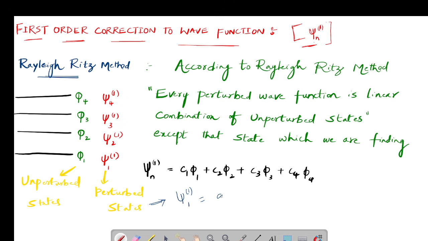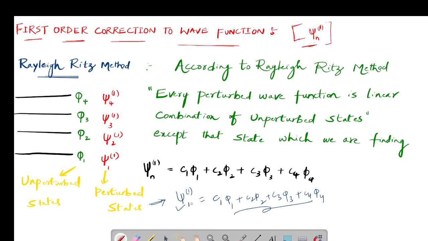So C1 is any coefficient, let us say. That is C1 phi 1, because it is a linear combination of unperturbed states, and phi 1 is an unperturbed state. Then C2 phi 2, C3 phi 3, and C4 phi 4. This is the linear combination of unperturbed states, which equals the perturbed wave function.